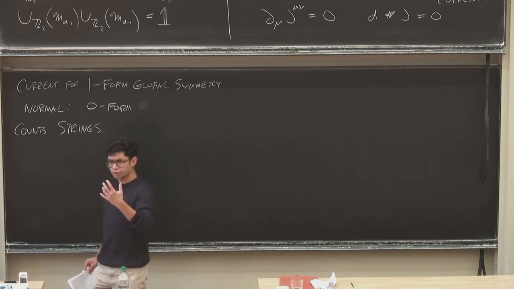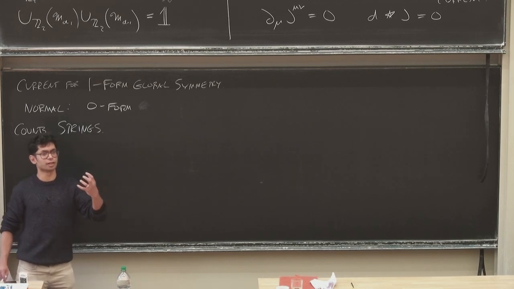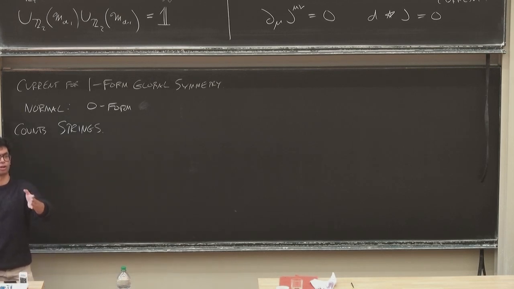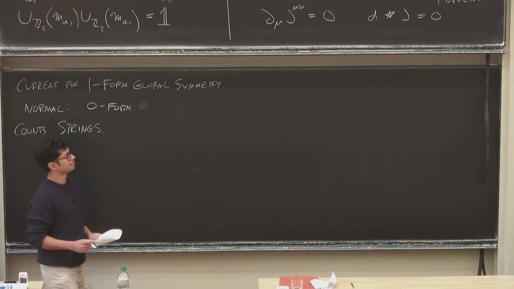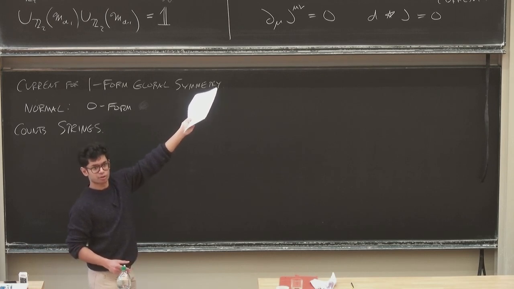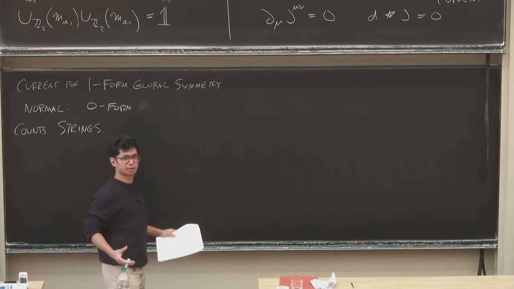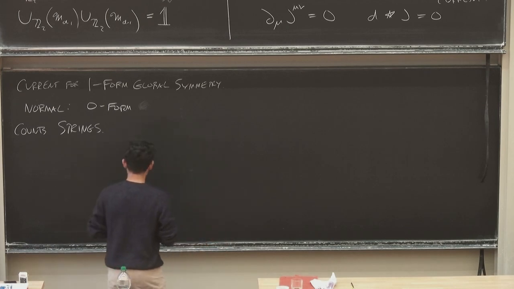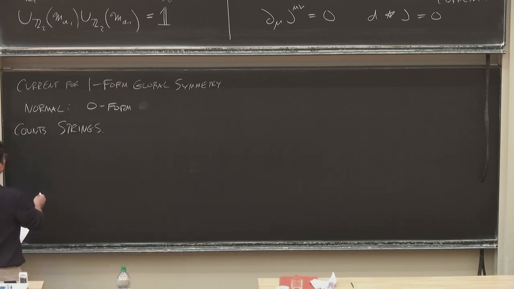Basically, what we want to do is construct a conserved string number, a charge. How do we do that? We do that by integrating that object, right? That's what we did in the normal zero form case. We integrated j, and we got some conserved number. So let's do the same thing. We can form Q, which is now defined on a codimension 2 manifold, not a codimension 1 manifold.